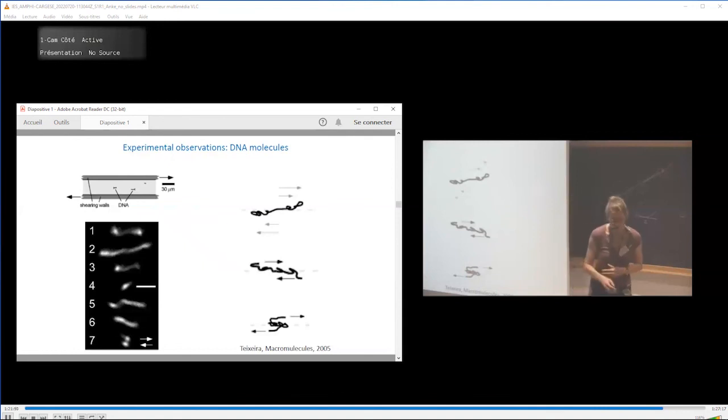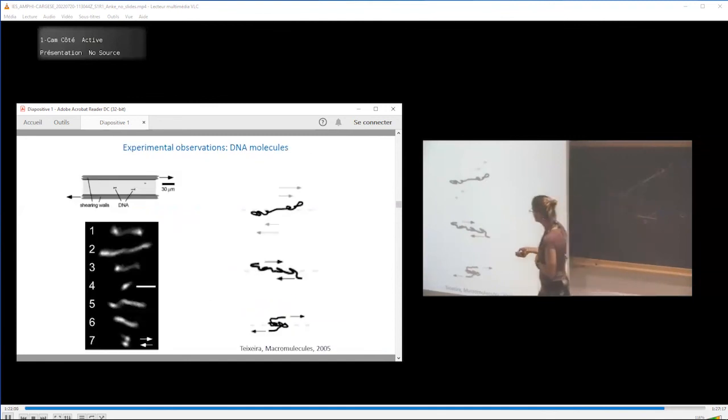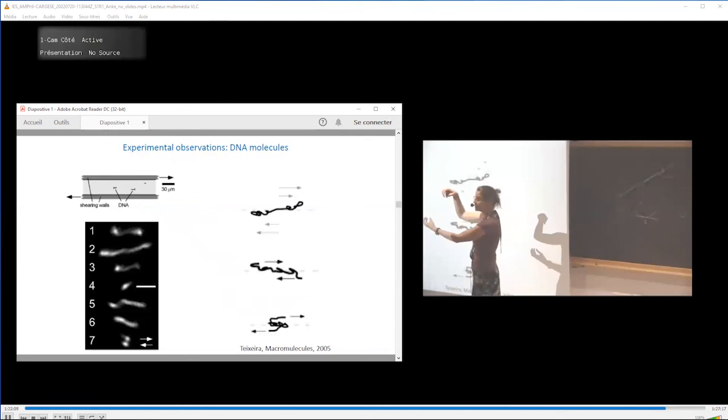Yeah. So this is really just a sketch, and here I'm drawing the most likely orientation of the stretched molecule. But you should really think about it like this. If you're more or less coiled, you will be stretched in the direction of the elongation, then you're like a rod, and then you would turn with the flow, and actually you would rotate towards the compressive quadrant.